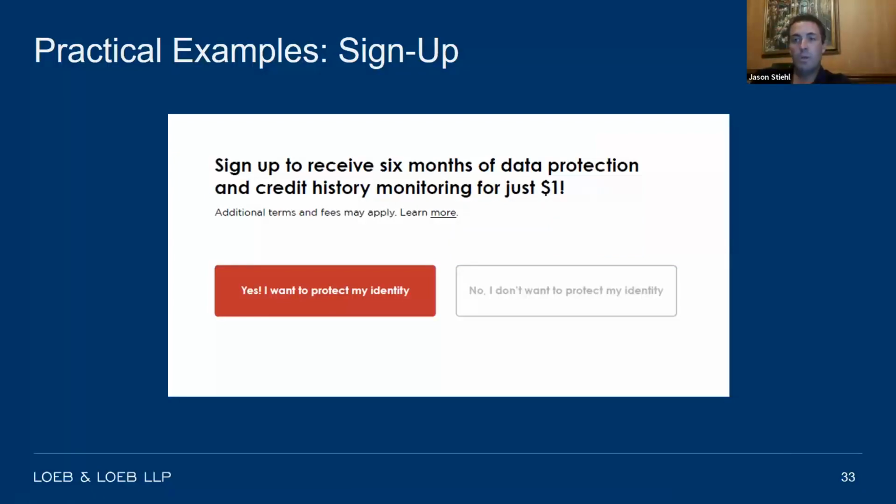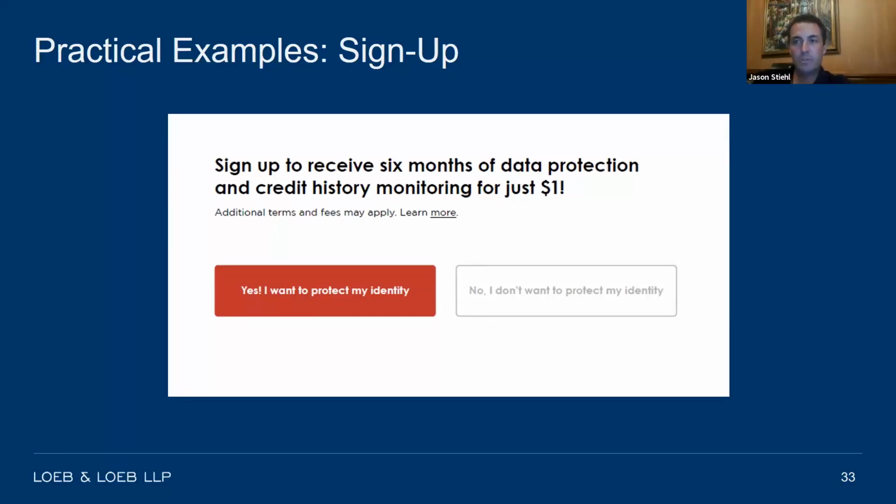So at this point, we wanted to kind of walk through some examples of things you might see, or frankly, your company's already started using, and just to kind of walk through what FTC has determined not to be appropriate. So here's a practical example of a sign up to receive 6 months of data protection and credit history monitoring for just $1.